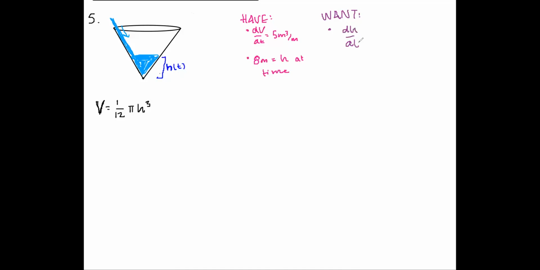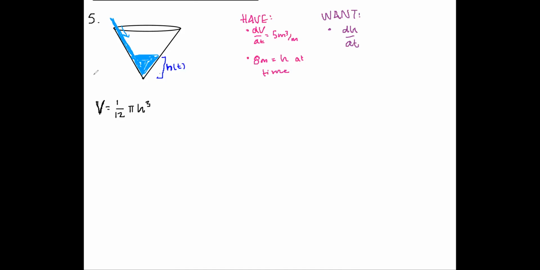They want to know how fast the water is rising. And that means that we're looking at the change in the height of the water. So we have an equation. We have what we have. We have what we want. We've got a nice little diagram, and we've established what's happening here. So let's just do it.